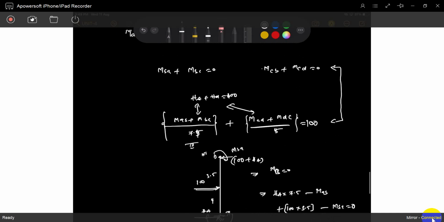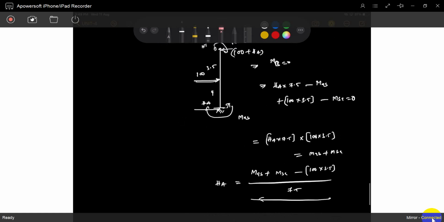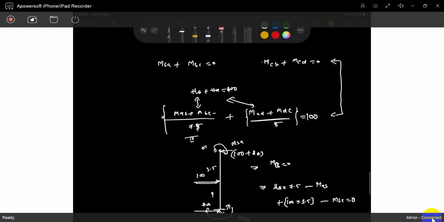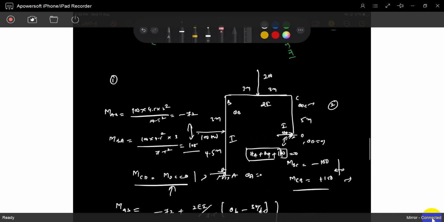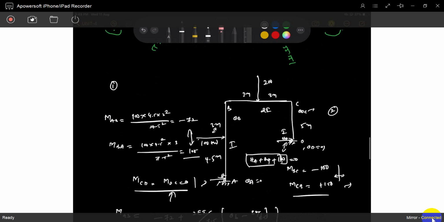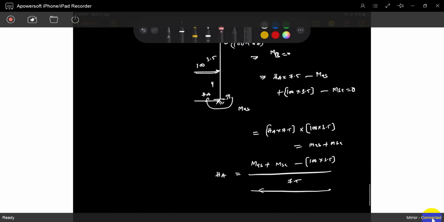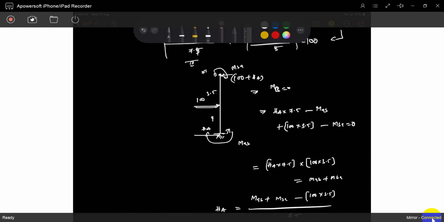Okay, otherwise see. So that's it. It's not this value. Minus what is that value? 100 into 3.5, so 100 into 3.5. 3.5 or 3? It's 3 meters, yeah, it's not 3.5. Sorry, it's a 3.